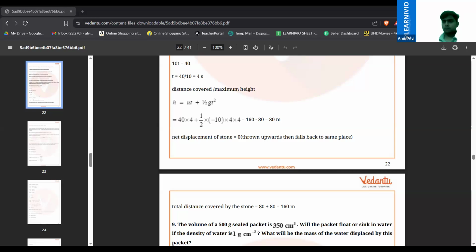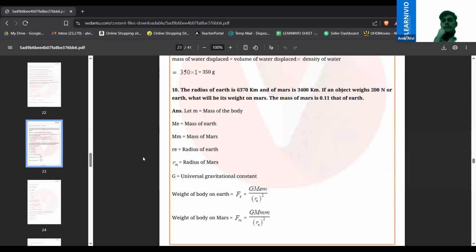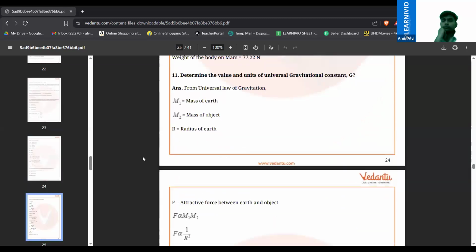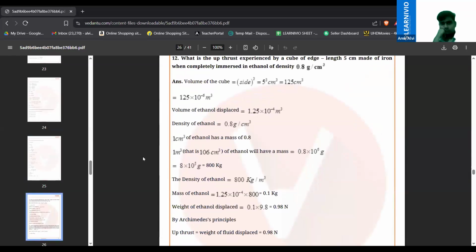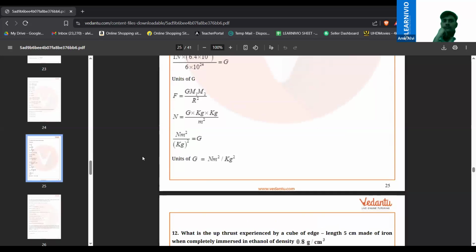Sir, is the answer 350 grams? Yes, correct, it's 350 grams, because the CGS unit of density is gram per centimeter cube. Okay, please calculate the 12th one. Okay, sir.